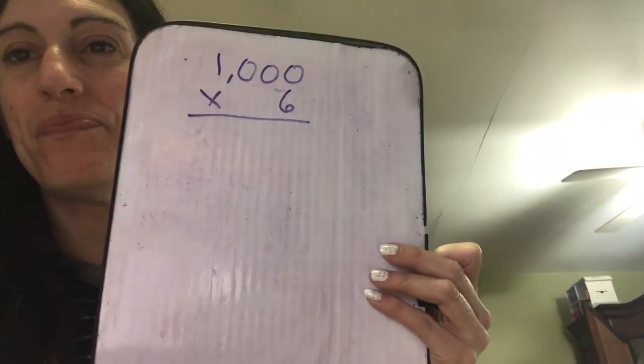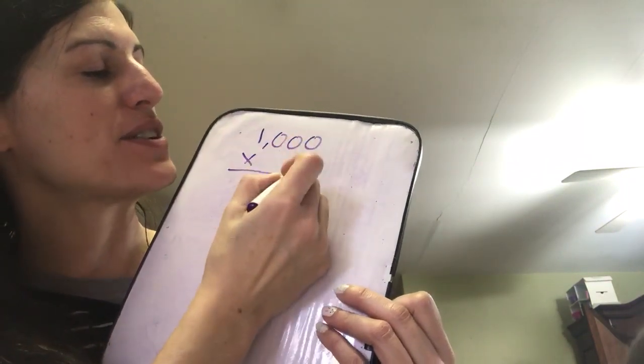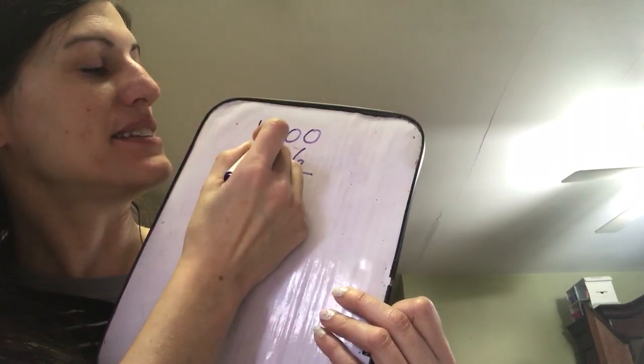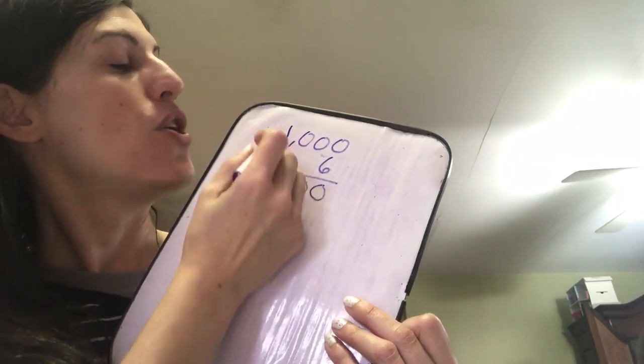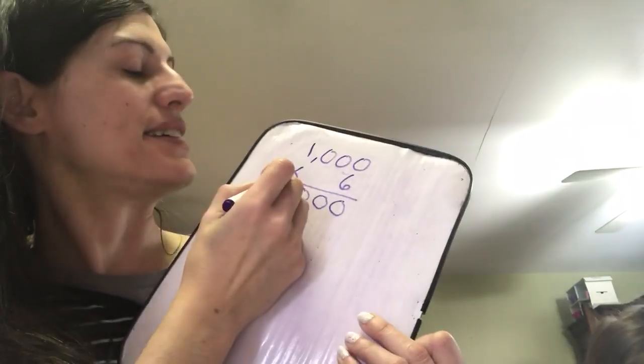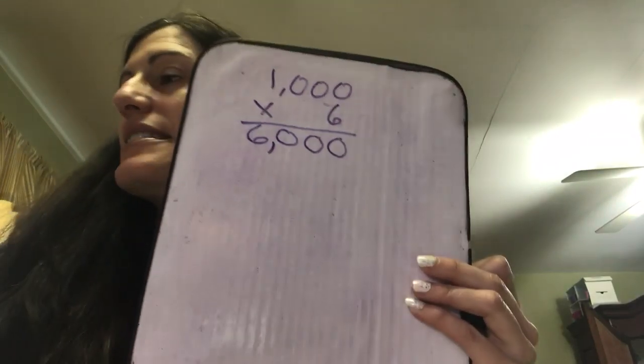So, if you have 6 kilometers and you multiply it by 1,000, 0 times 6 is 0. Here we go again. 0 times 6 is 0. 1 times 6 is 6. That makes 6,000.